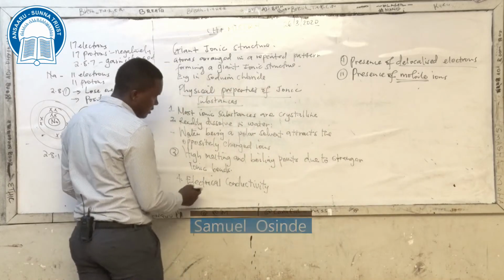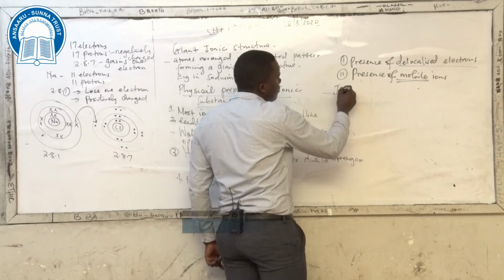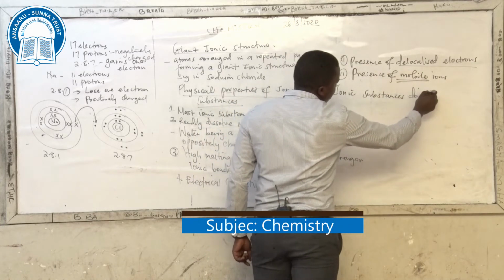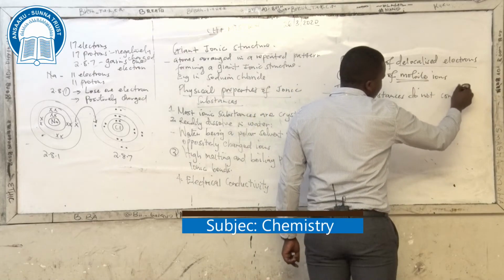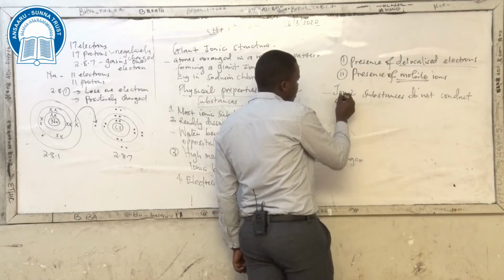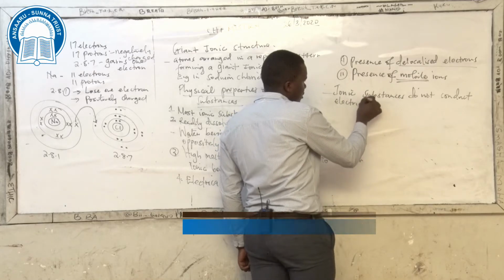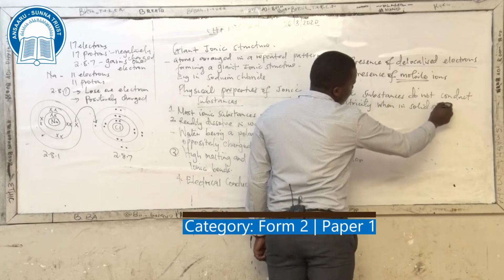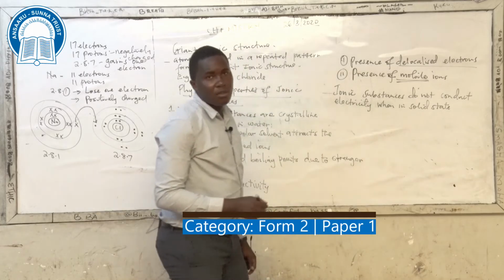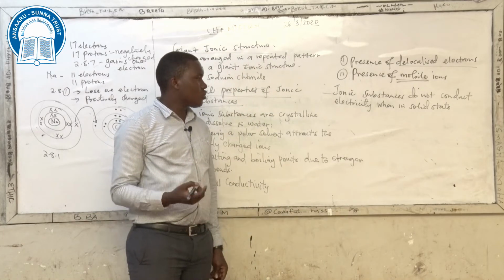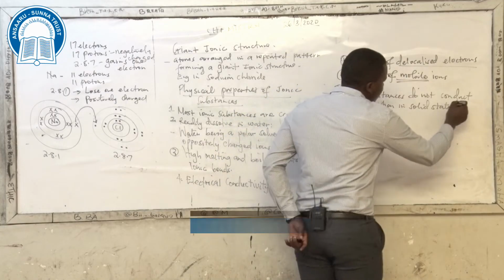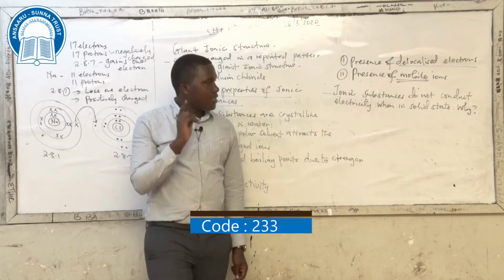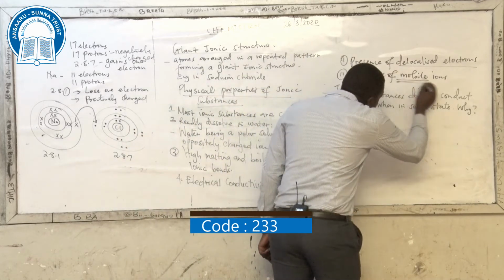So ionic substances do not conduct electricity when in solid state. Why? We say that the ions must be mobile.